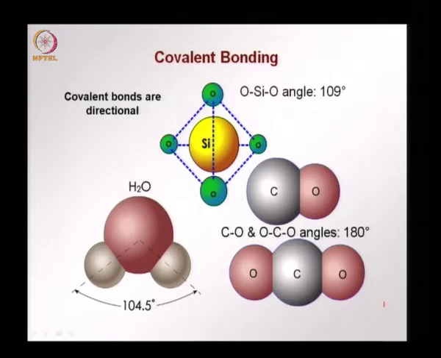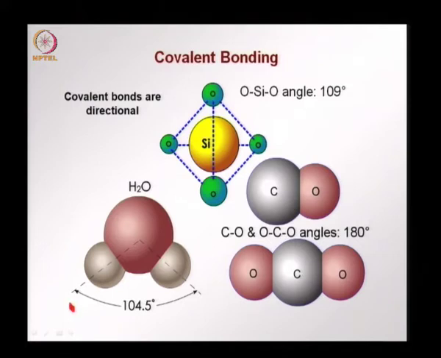Covalent bonds are directional. We saw already that ionic bonds are not directional, they can form symmetrically in all directions. Covalent bonds are directional. That means that the bond that forms between the atoms should have a particular configuration.